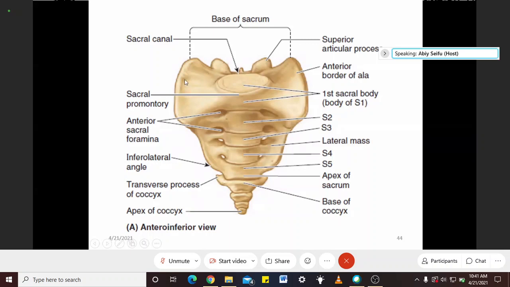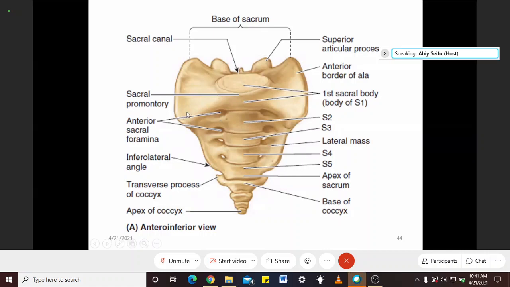These sacral bones, laterally on both sides, articulate with the right and left hip bones and form the sacroiliac joint. At this joint, the sacral bone transfers the weight to the hip bones and then inferiorly to the lower extremity.